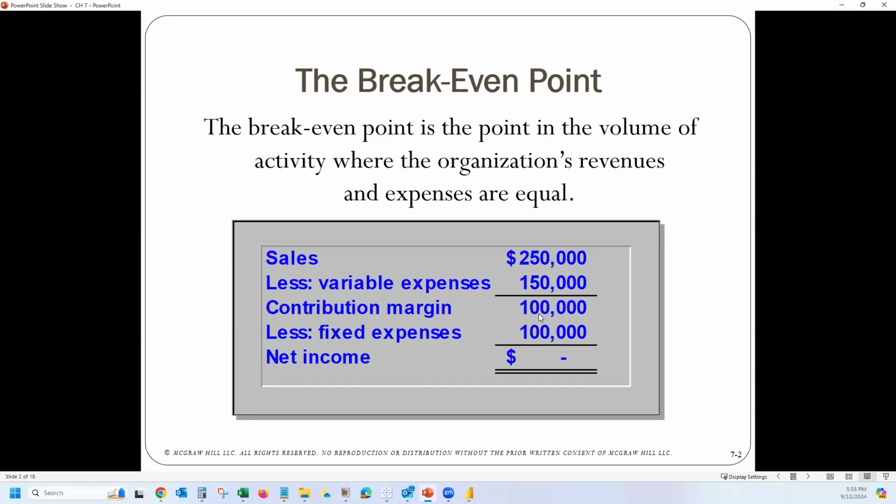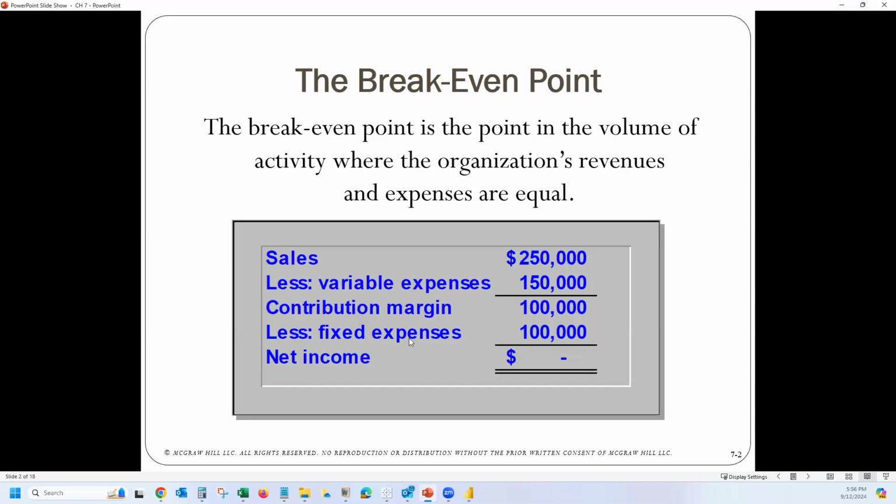Now, when you get your contribution margin per unit, for you to know your break-even point, for you to break even in a business, you need to neither make a net profit or net loss. So in that case, it means your contribution margin covers your fixed expenses.